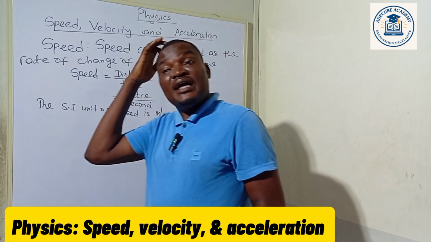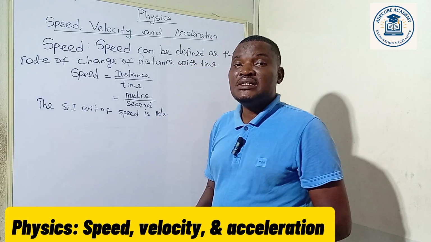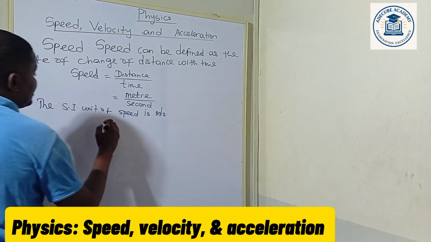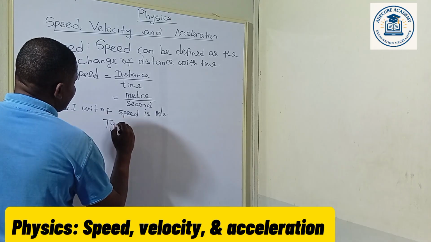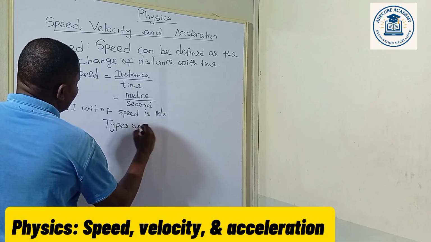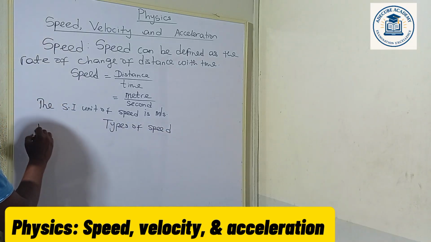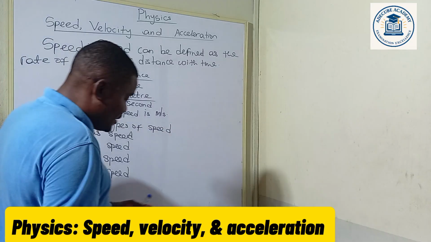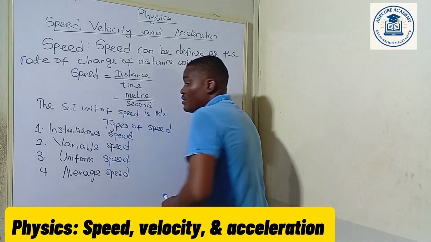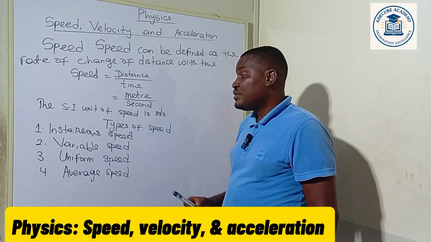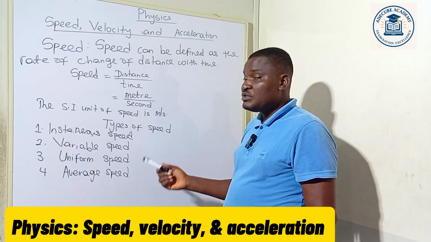Now, there are different types of speed. Let's look at the types of speed. These are the four types of speed that we have. We have the instantaneous speed, the variable speed, and the uniform speed.